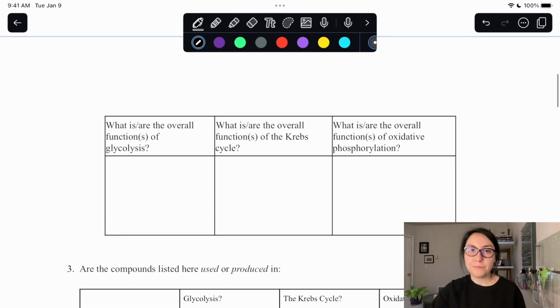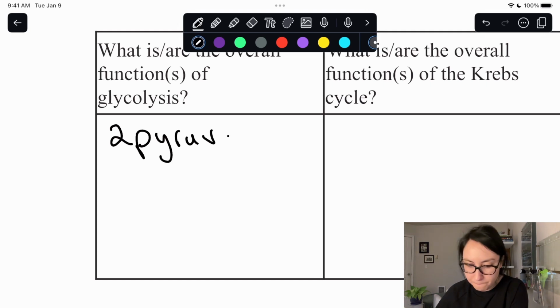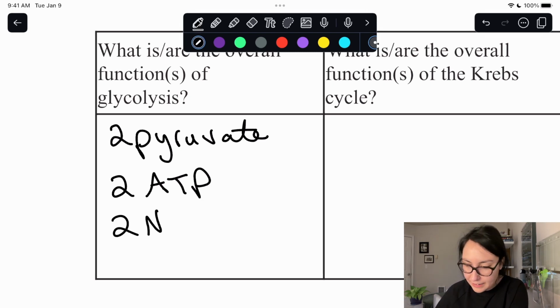So now, what is the overall function of glycolysis? The overall function of glycolysis is basically to produce about 2-pyruvate and then generates 2 ATP and 2 NADH.